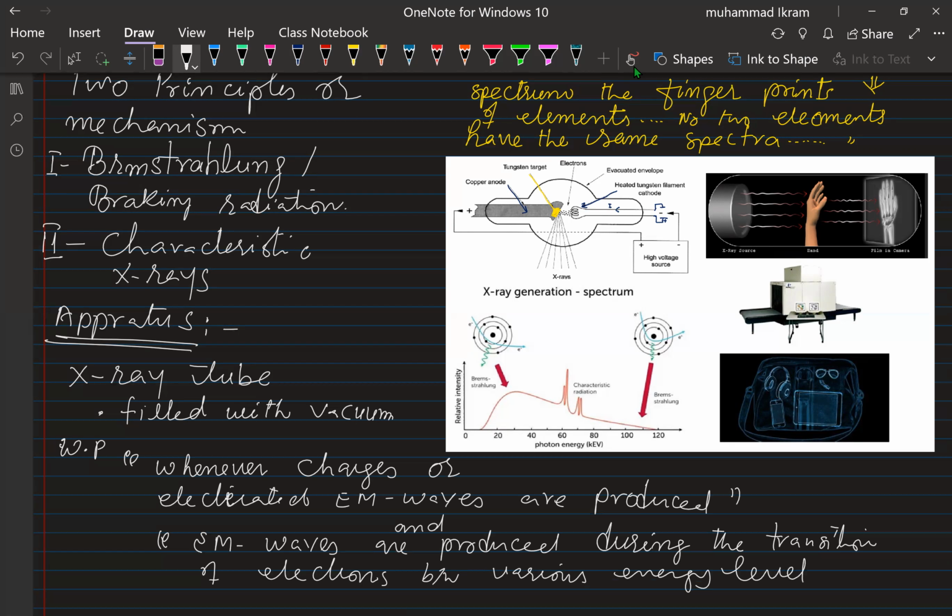These two processes will help us produce the electromagnetic radiation.